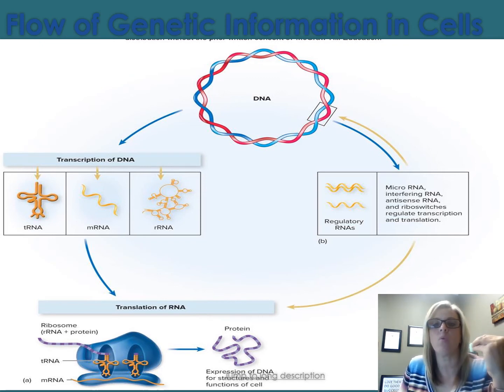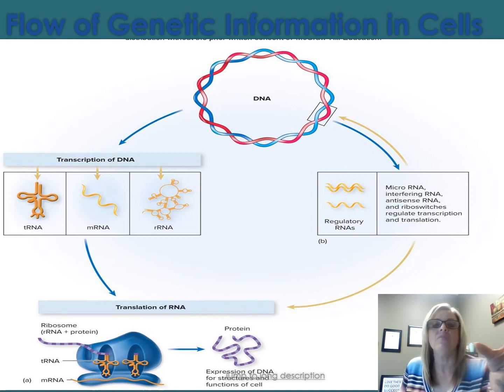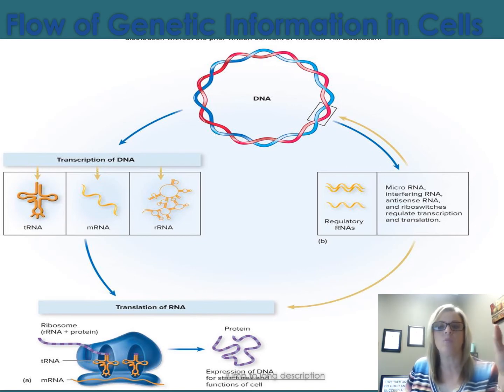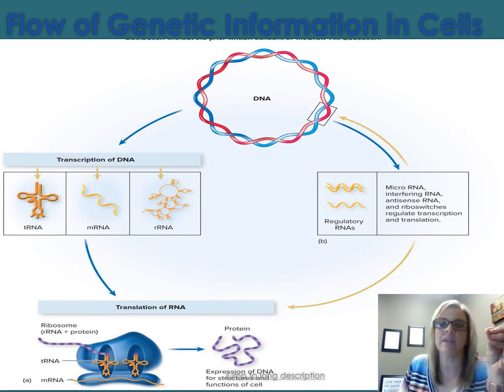We have microRNA, which is little interfering RNA, antisense RNA, and riboswitches. And these guys actually help to regulate transcription and translation. Now, you need to be focused much more on the ones on the left than on the ones on the right. Those are the major players. These you need to know, but these you really need to know, and you need to know what they do.